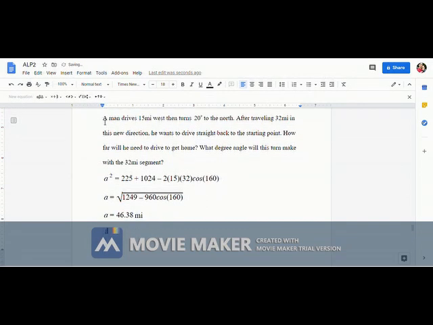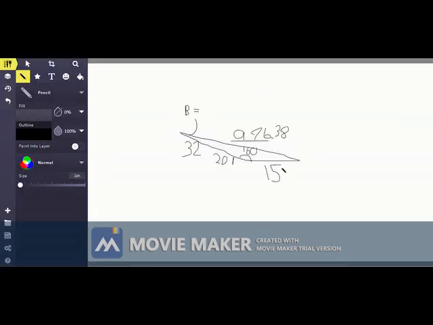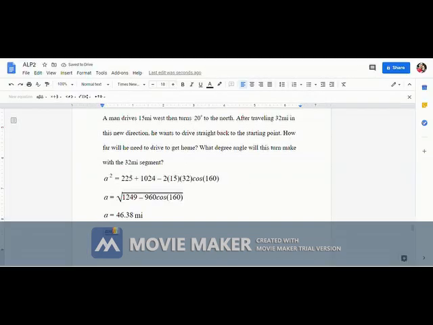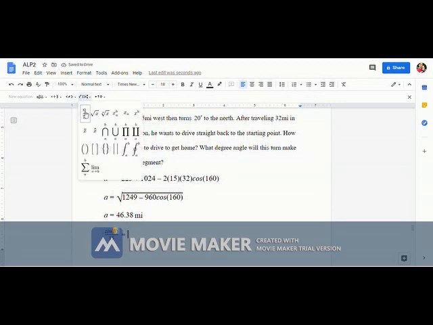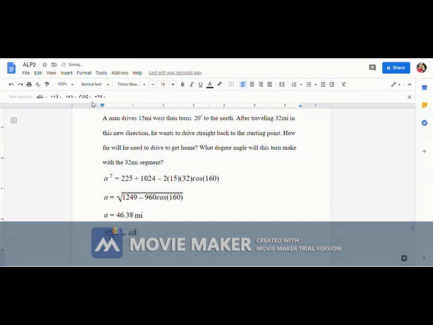We have sine B over 15, the side opposite that, equals sine 160 over 46.38.